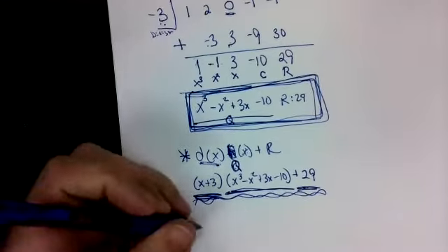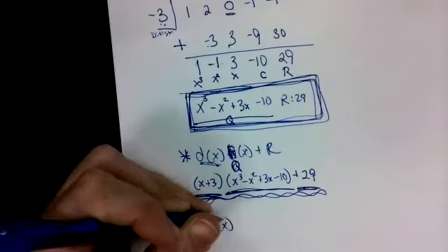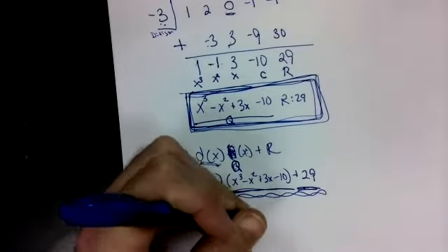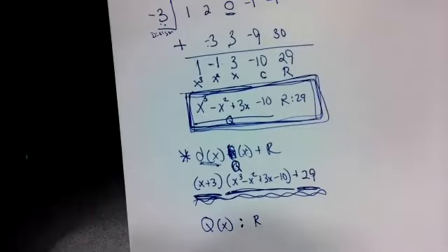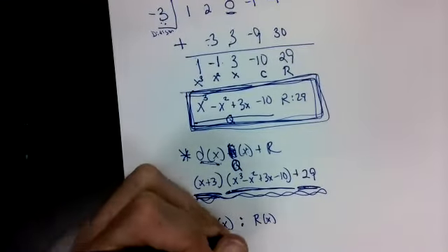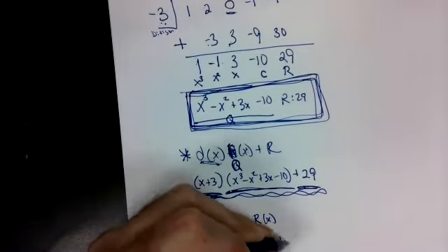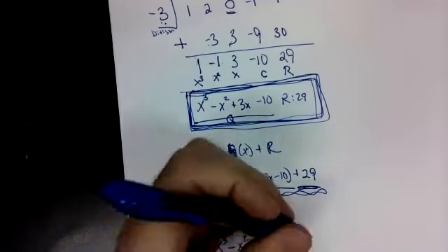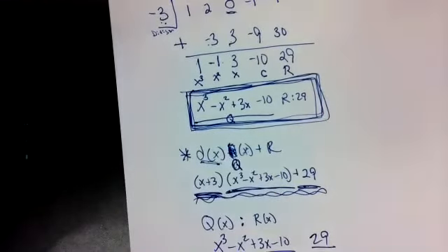Another way they ask for it is just q(x) and then r. Sometimes they say r(x). Again, they're giving you a couple of different boxes to put just the quotient piece and then just the remainder piece.